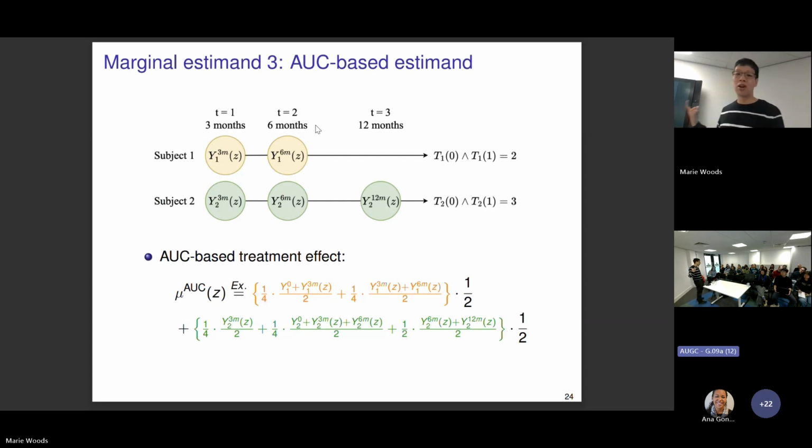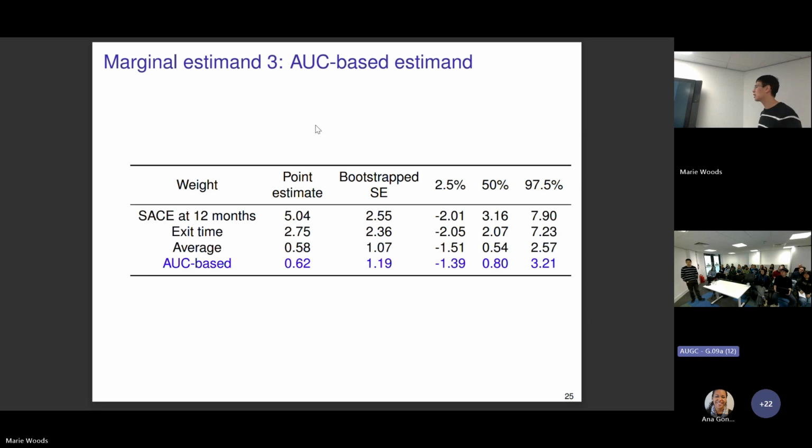You take into account the spacing between the visit times. This is a minor adjustment. It doesn't really change the conclusion here. The point estimate is still very small, meaning that if you average over this time period, you essentially don't get any meaningful improvement in quality of life.